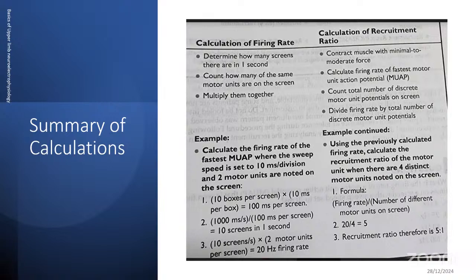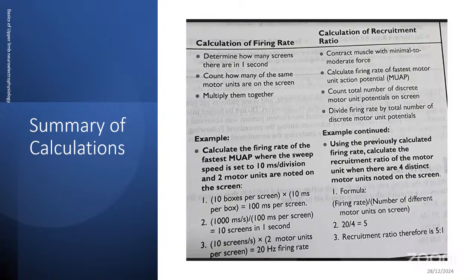So look at 10 boxes per screen, times 10 milliseconds per box is 100 milliseconds per screen. And 1000 milliseconds per second divided by 100 milliseconds per screen is equal to 10 screens in 1 second. So 2 motor units per screen times 10 is equal to 20, which is the firing rate.